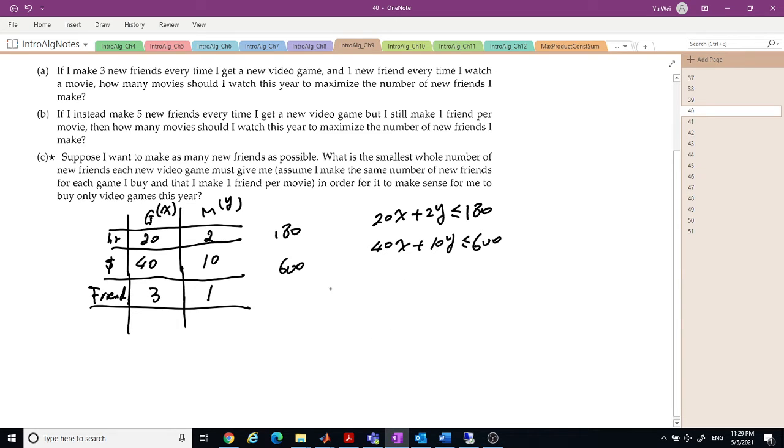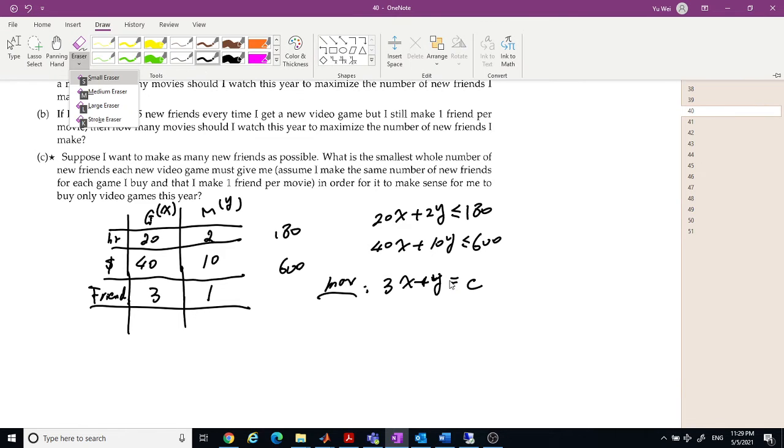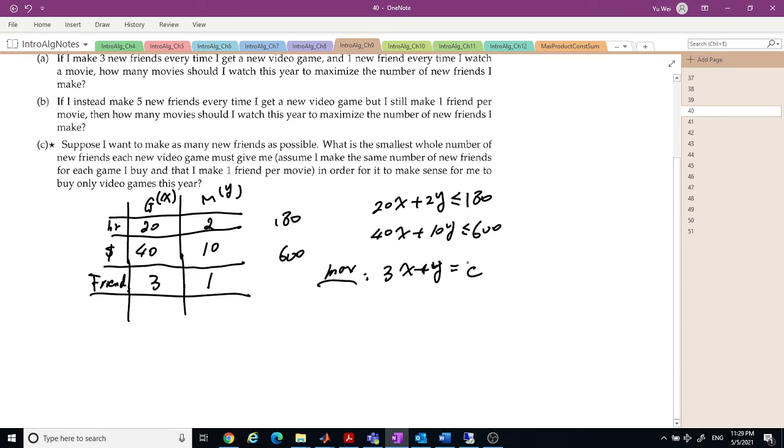What we want to maximize is the number of friends, so 3x plus y is what we want to maximize. That's c equals 3x plus y.